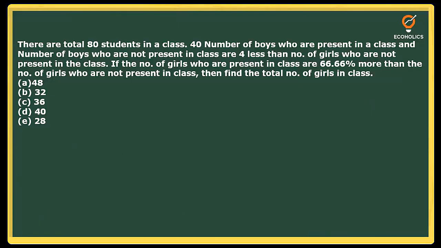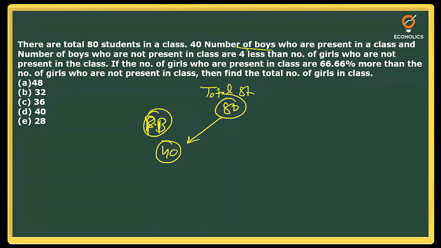Okay, guys, what is the answer for this? There are a total of 80 students in the class, 40 is the number of boys who are present in the class, and the number of boys who are not present in the class are 4 less than the number of girls who are not present in the class.